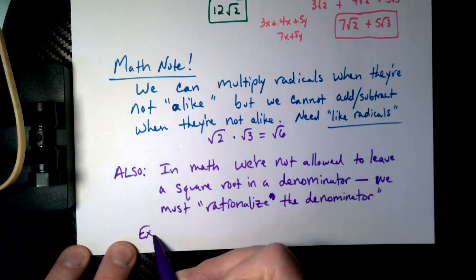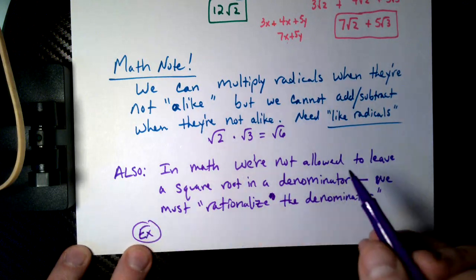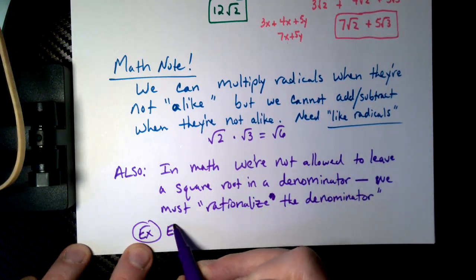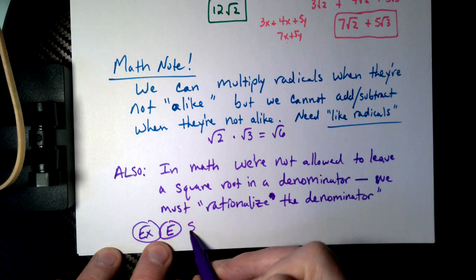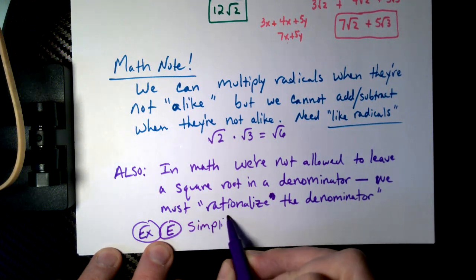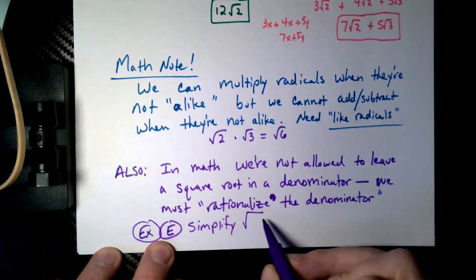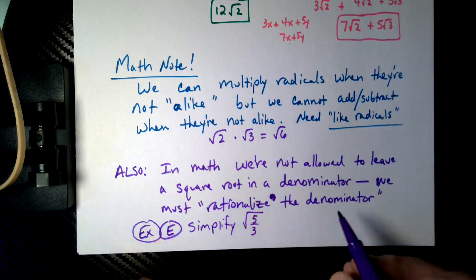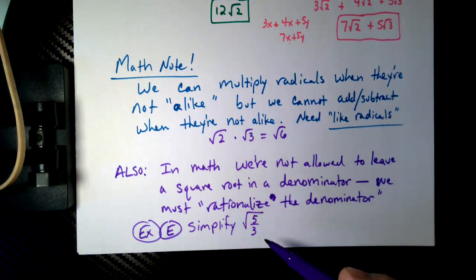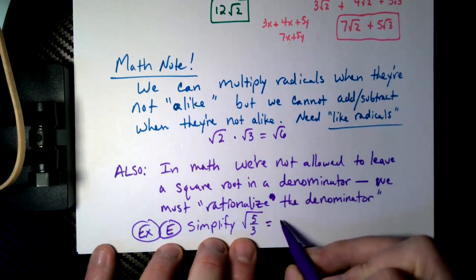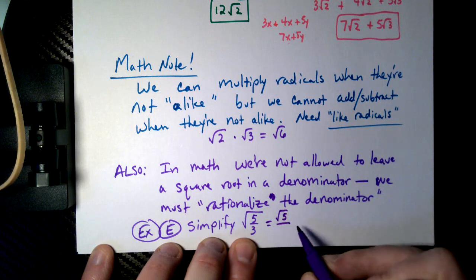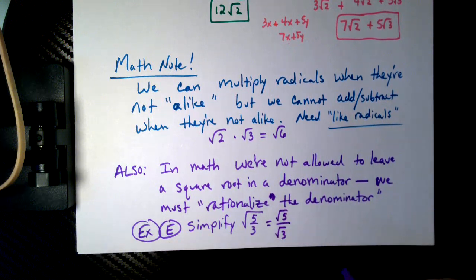So for example, example E, sorry. Simplify square root of 5/3. Not allowed to leave a fraction in a denominator either, okay? But I can't leave a square root over the denominator. And this one technically has a square root over the denominator when you think of it as square root of 5 over square root of 3. Now, neither one simplifies.